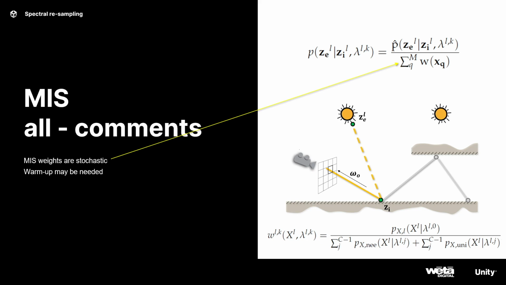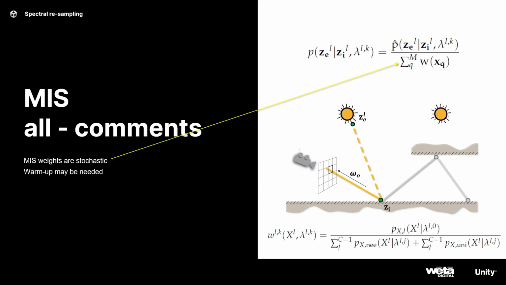Now I have a few comments on this. From the practical point of view, it is necessary to realize that such an MIS weight is stochastic, and this comes from the fact that we divide by the sum of the resampling weights. In early progressions, this can be quite noisy, and in fact, it can even happen that we don't have any next event estimation sample that would be valid, and this sum of resampling weights can be zero.